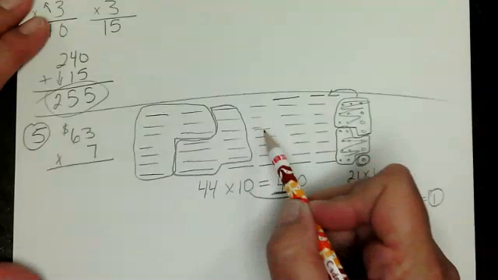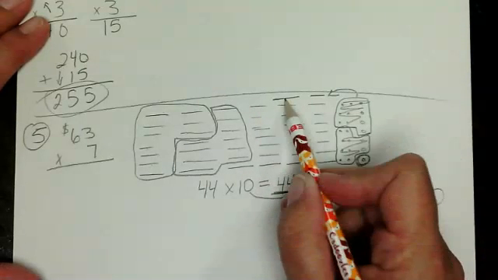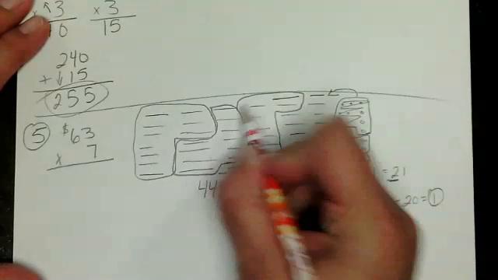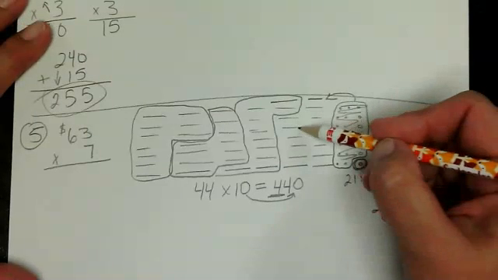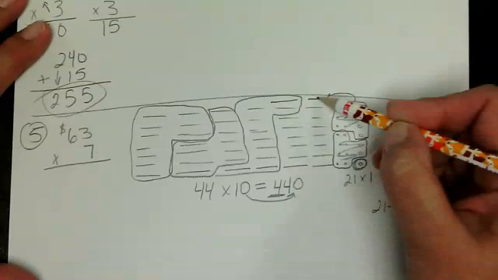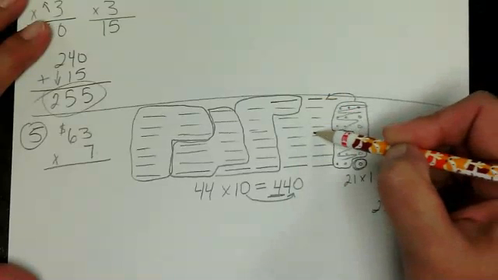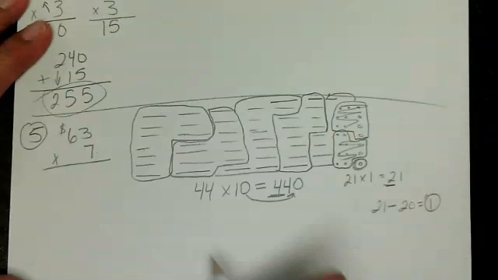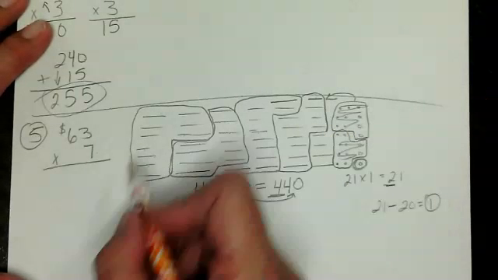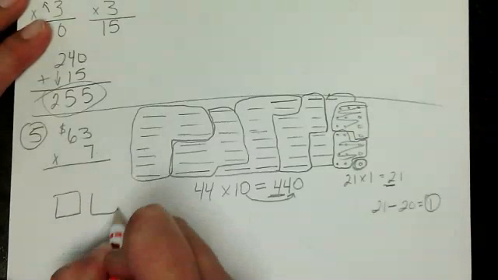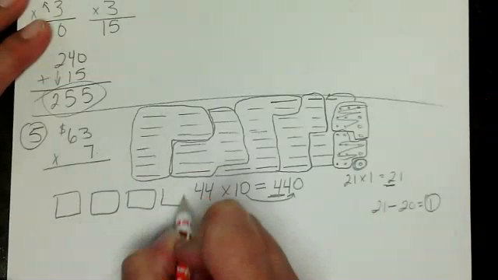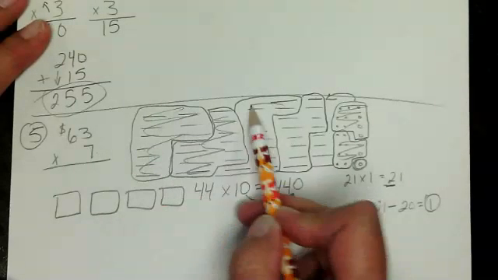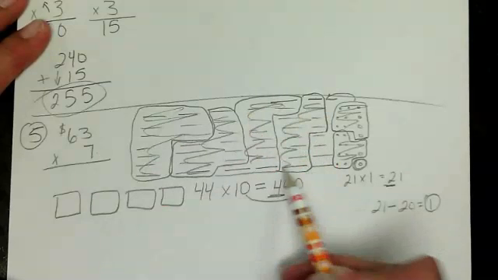There's my third 100. There's my fourth 100. All right, so I'm going to take all of these and make 4 hundreds. 1, 2, 3, 4.